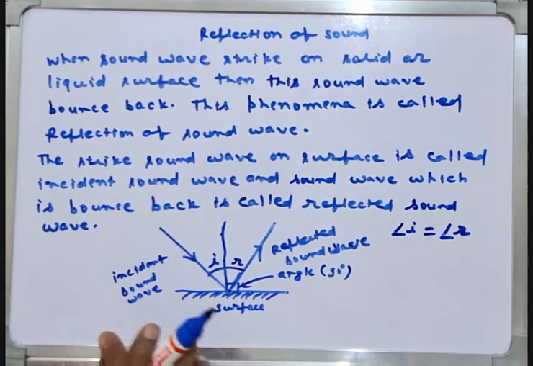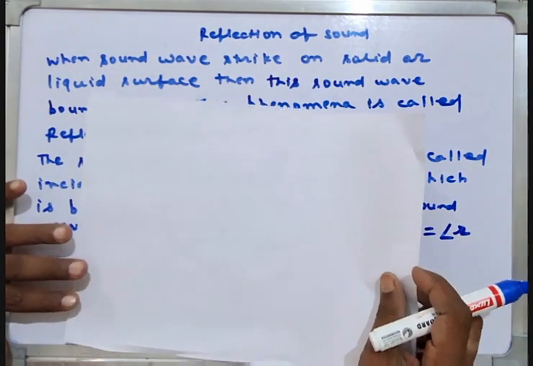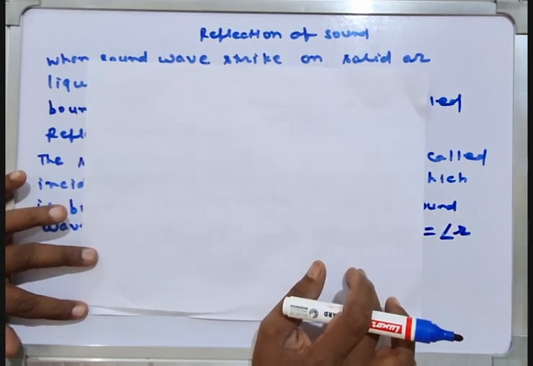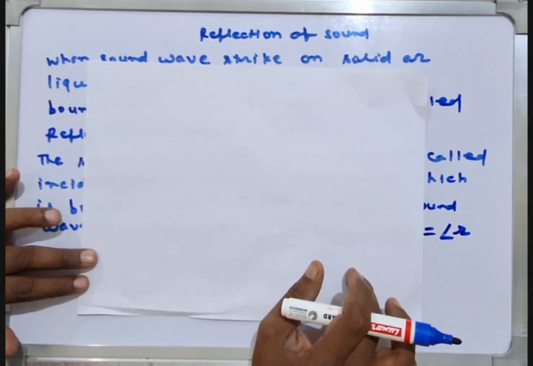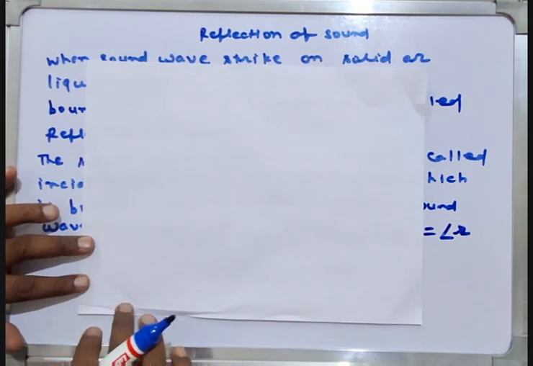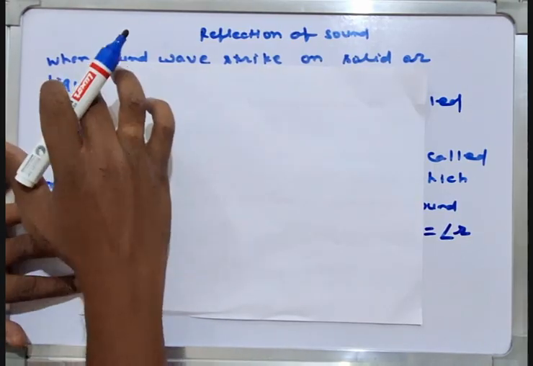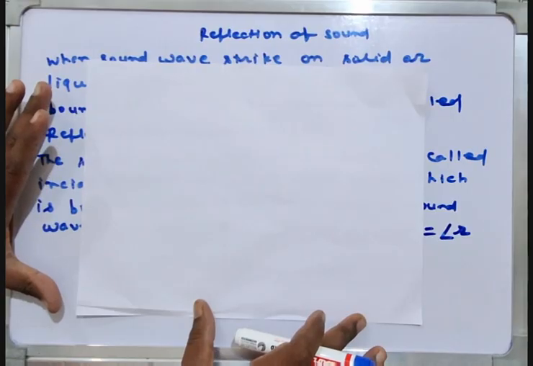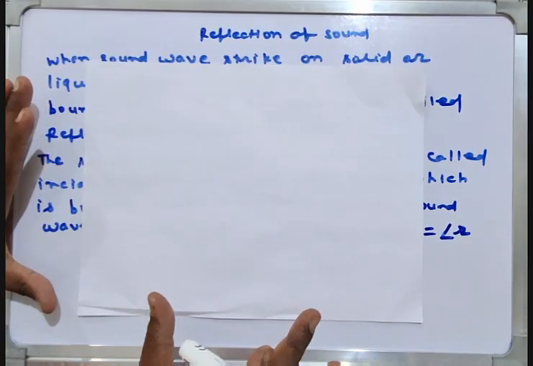What does this mean? You see, suppose this one is a plain paper, or this is a two-dimensional paper, because here only the length and breadth are available.